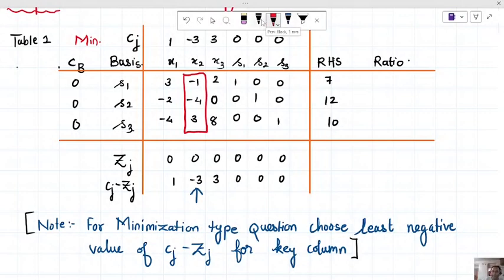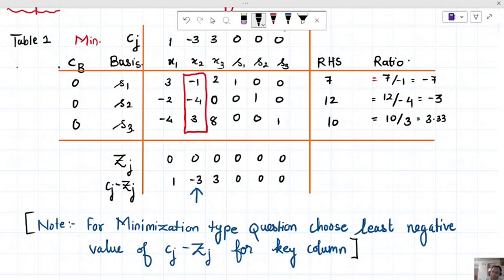The first ratio is 7 divided by minus 1, which is minus 7. The second ratio, 12 divided by minus 4, is minus 3. The third ratio is 10 divided by 3, which is positive, so it is 3.33 something.